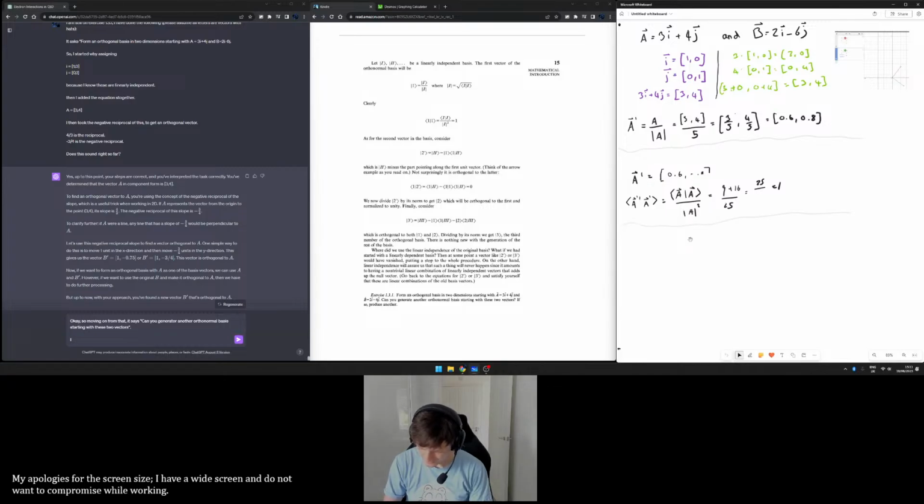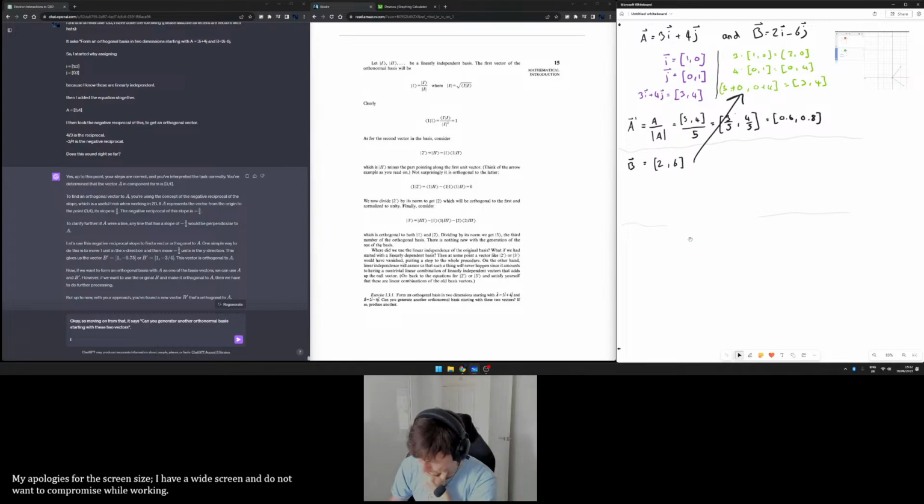So I'm just gonna wipe this off. So B is equal to 2, 6, because of this similar operation up here, right?